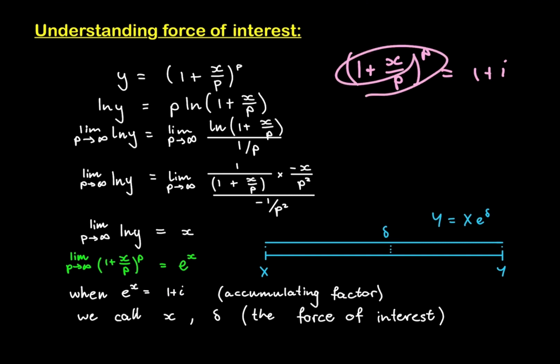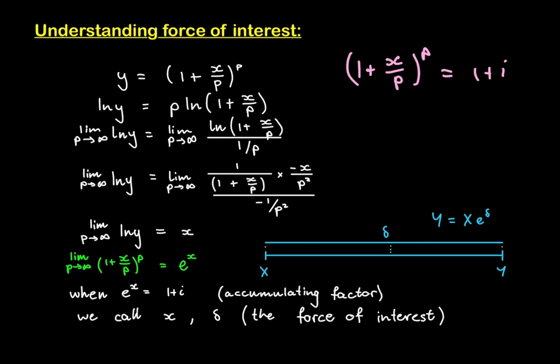So if we take the limit as p approaches infinity, it's still an accumulation factor, 1 plus i. So when e to the power of x, which is this limit here, equals our accumulation factor, we can call x delta. And that's when we call delta the force of interest.